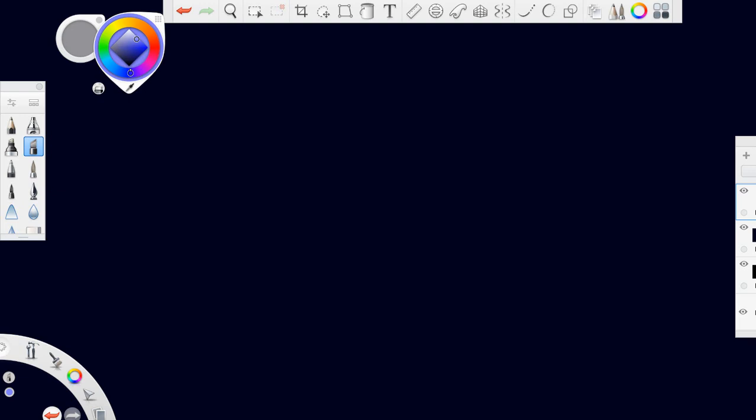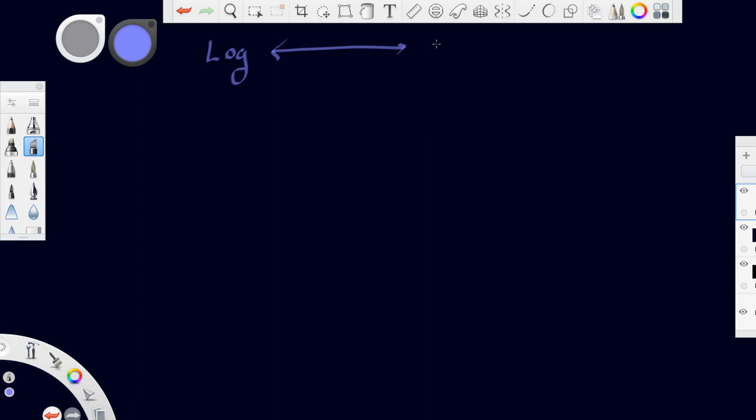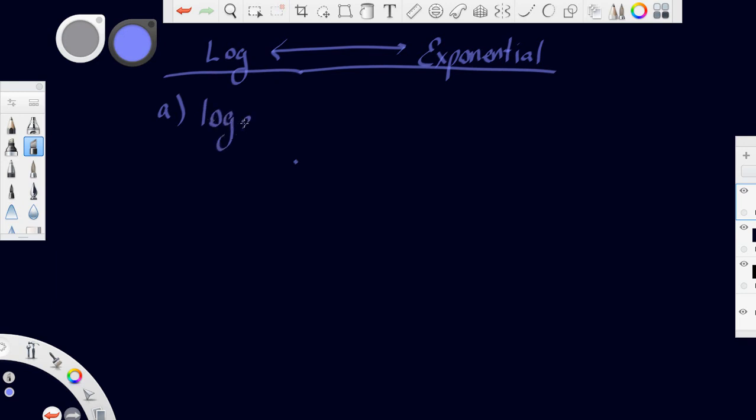All right, let's look at writing between log and exponential form. So let's say that we have log base 8 of 8 equals 1.